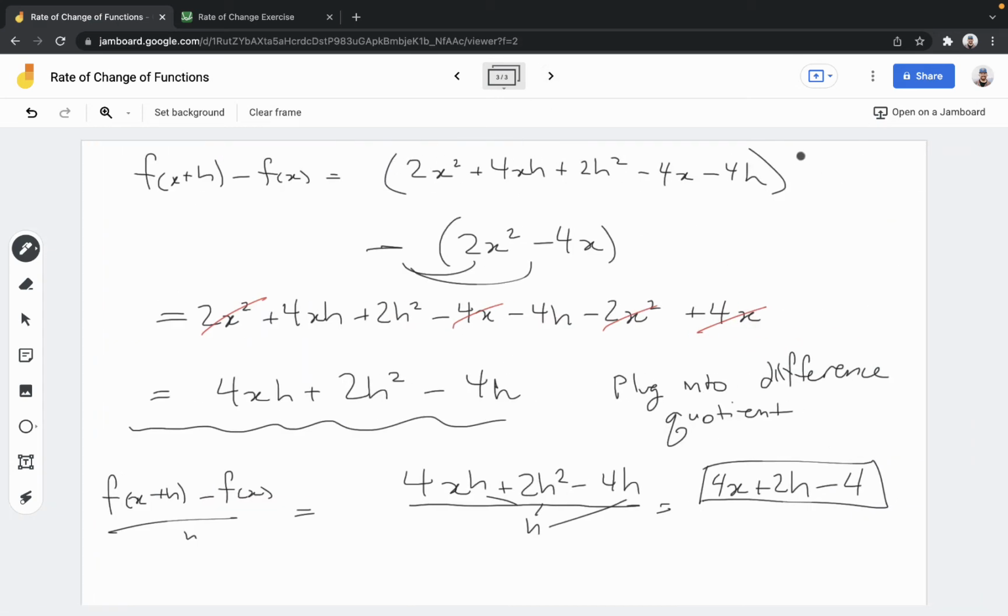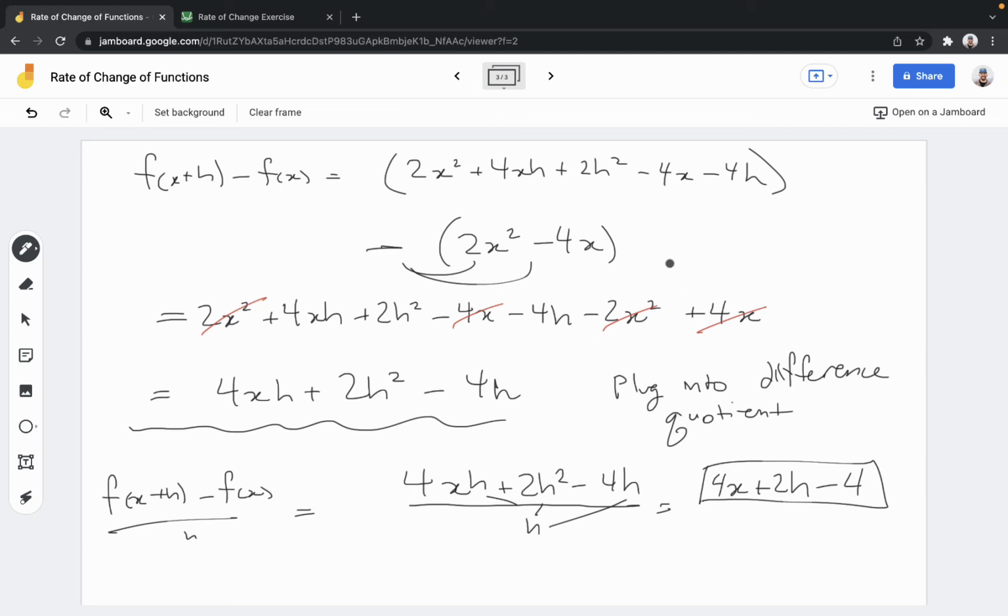So I've got that first part of the numerator, subtracting off the original function, distributing through those negatives, and then canceling the terms that have the same but opposite coefficients. And then lastly, take your numerator, divide each term by h separately, and you get your final answer. So that's the final answer. It's dependent on x and h.